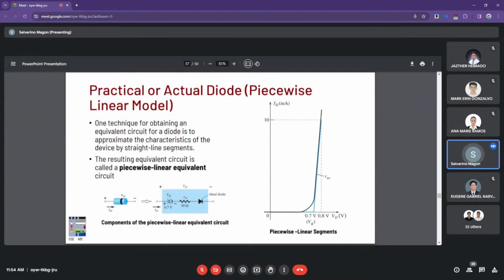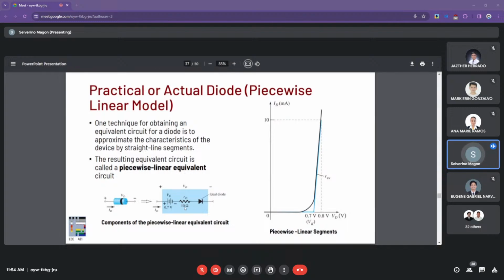And for us to be able to come up with a model of an actual or practical diode in comparison with the ideal ones, we have the ideal diode model in series with a resistor.